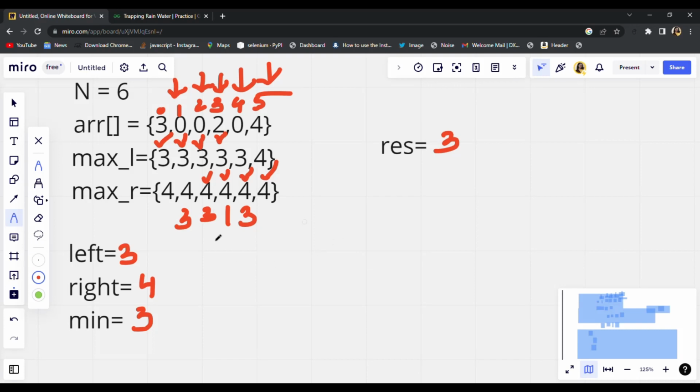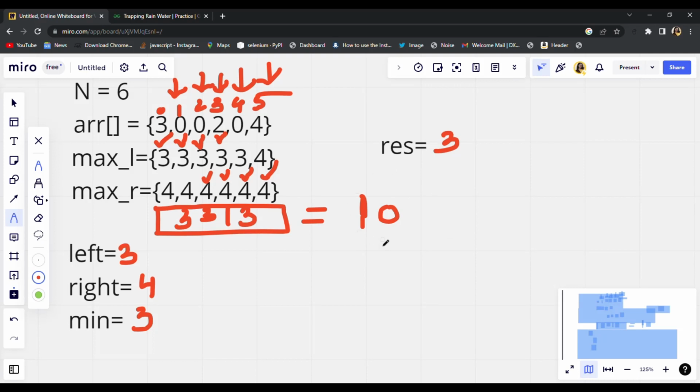So what we got are these values. We need to add these values up. It will add up to a value of 10. So the total water we can store over here is 10 liters. Okay, I hope you understood this.